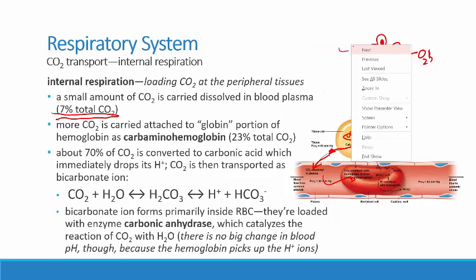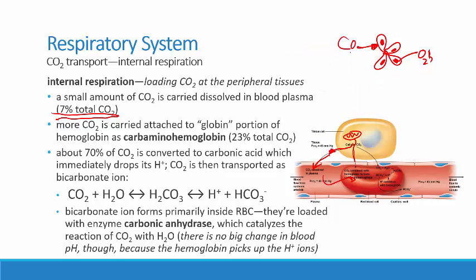And so a whole bunch of the carbon dioxide gets picked up as carbaminohemoglobin and attached to the hemoglobin inside the red blood cell. And yes, it's possible for a red blood cell's hemoglobin to actually carry carbon dioxide and oxygen at the same time. So that can be done.